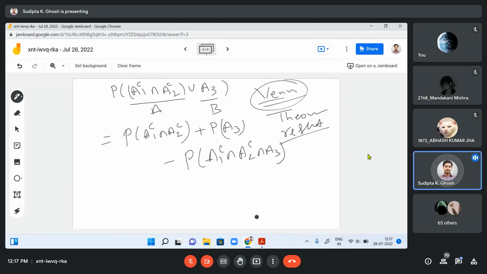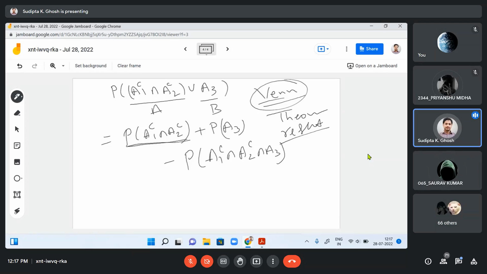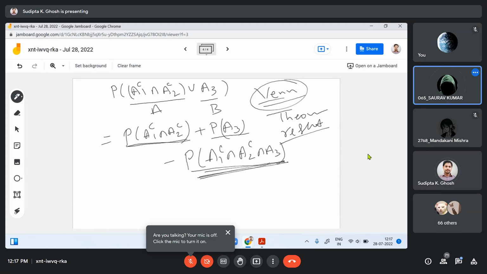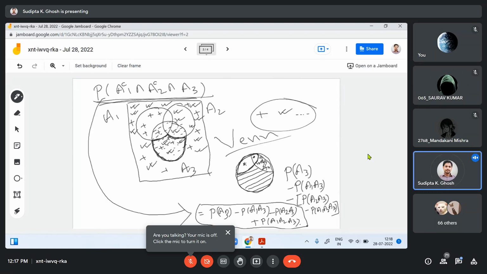So now you tell me, do I know this value from the problem? Yes, sir. See the first question. I know this number, correct? I can add this number. Do I know this number? Just the previous one. Check. Probability of A1 complement intersection A2 complement intersection A3.